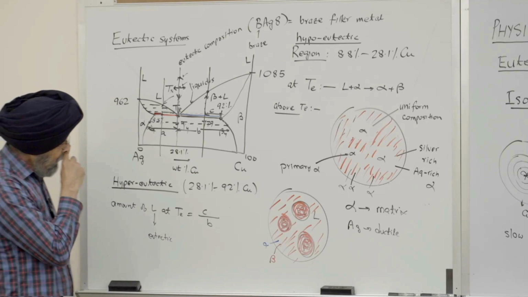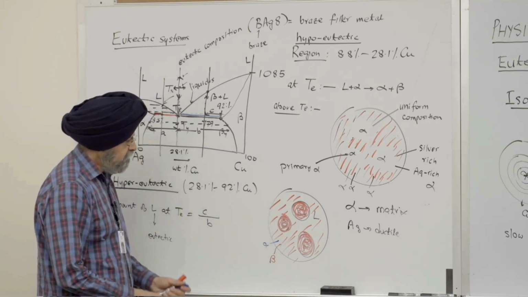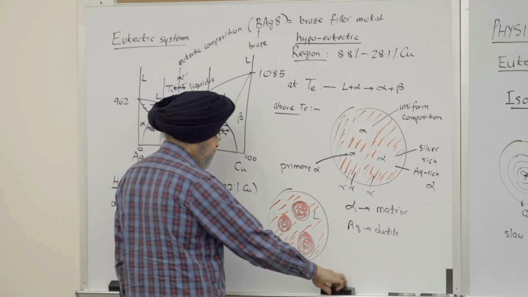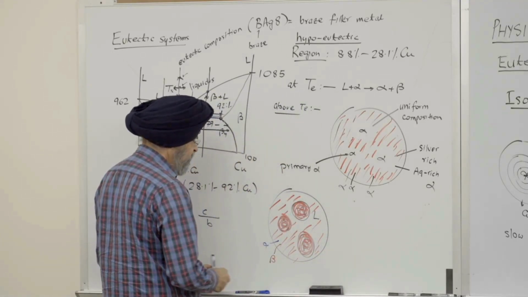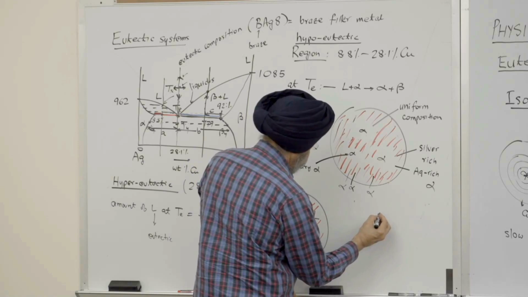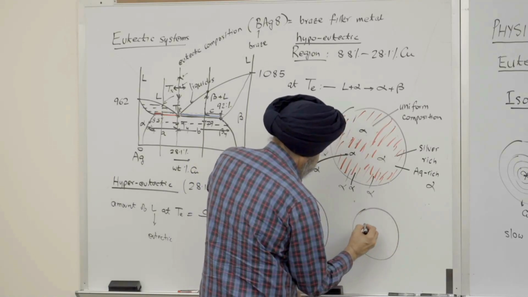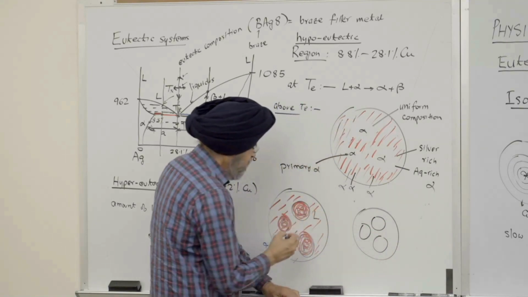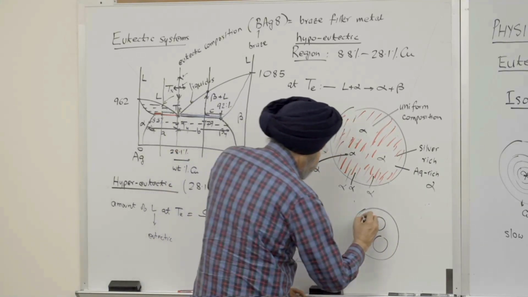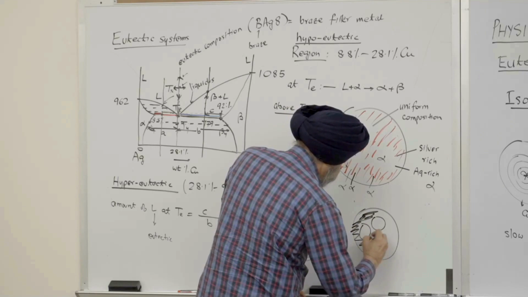When you look at this structure at low magnification, right now I've drawn it at high mag. If you were to decrease the magnification, you'll see some particles of beta, and then you'll see another kind of structure.